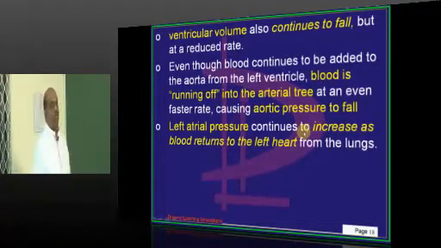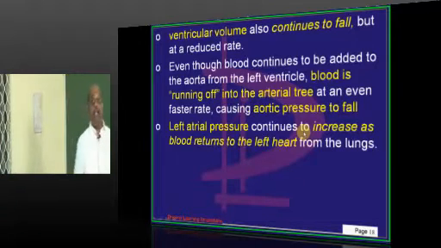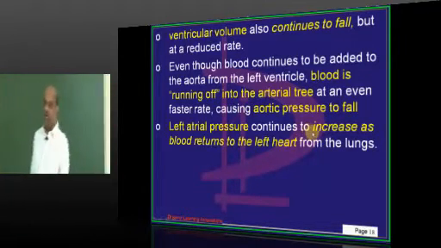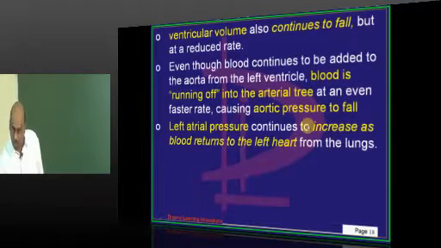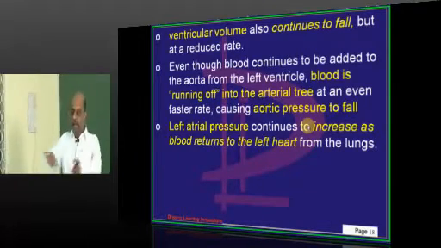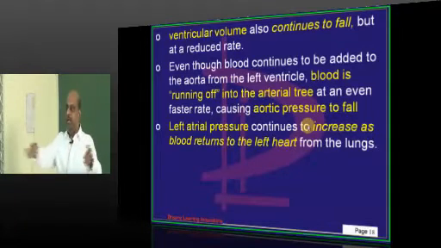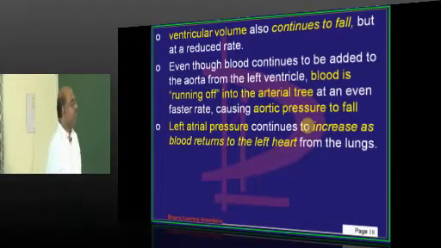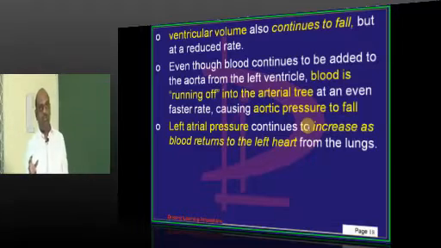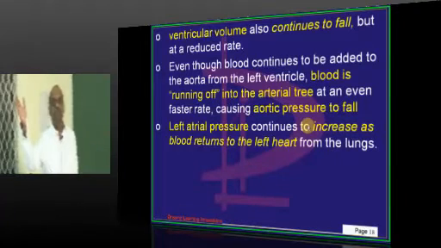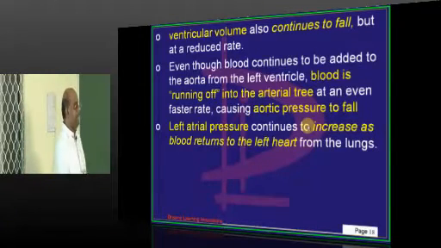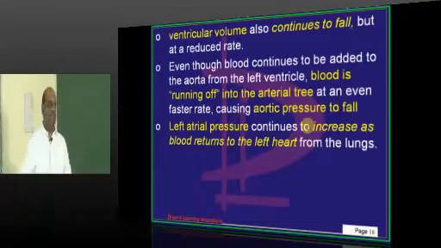And during this time, what will happen? Diastolic runoff, it is called. That is, whatever the blood that has gone into the root of aorta will quickly become distributed into the arterial system. So reduced ventricular ejection phase is the time during which the diastolic runoff of the blood typically happens into the arterial system.